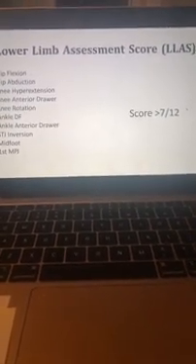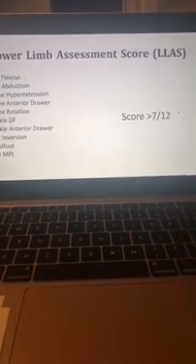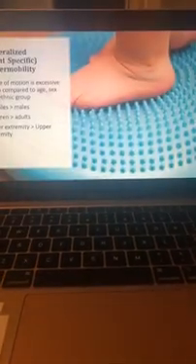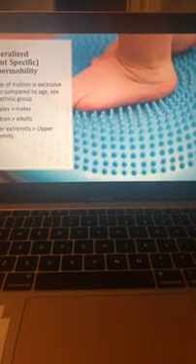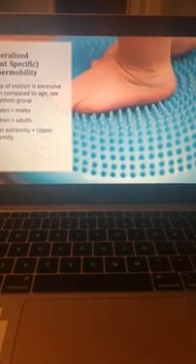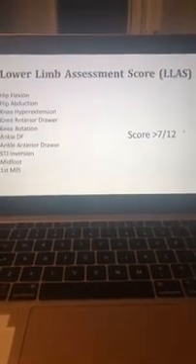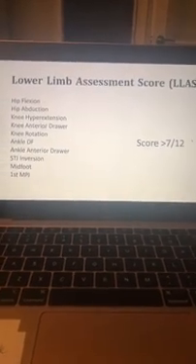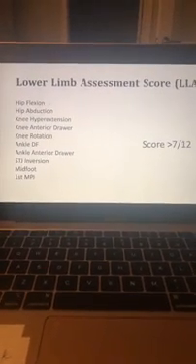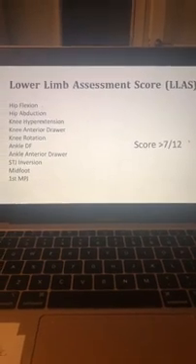But with the lower limb assessment score, why this is good is because the Beighton, what's interesting is that a majority of the tests for the Beighton are actually upper extremity, but hypermobility is more prevalent in the lower extremity than the upper extremity. So that doesn't really make sense, which is why this lower limb assessment score is actually a little bit more reliable when you're looking at lower extremity specific.